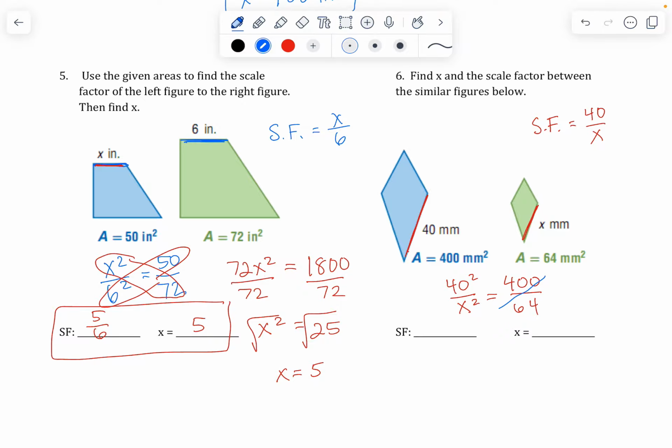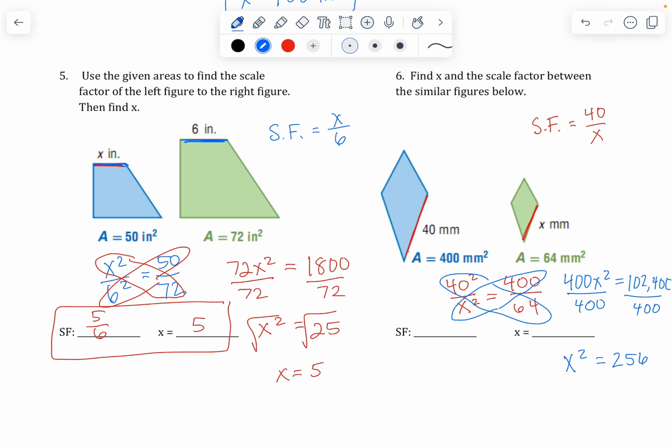As usual, cross multiply. So we're going to have 400x squared, and then we have to do 40 squared times 64. This is a big number, 102,400. Divide both sides by 400. X squared equals, go ahead and type it in.